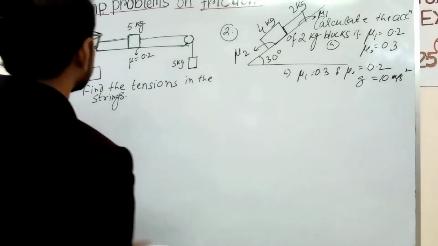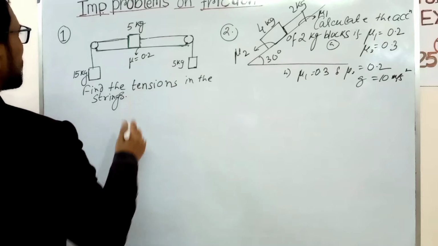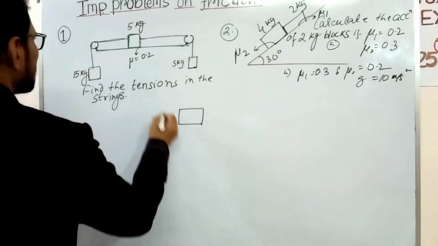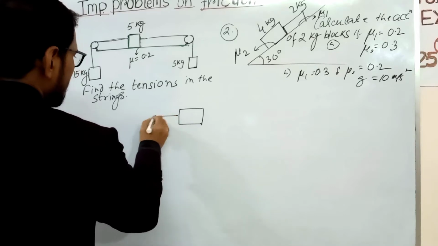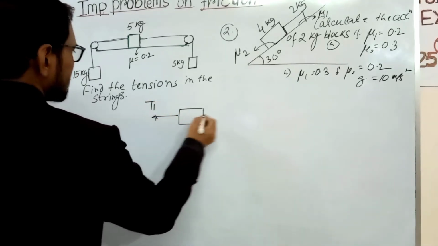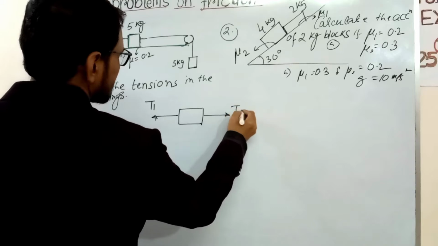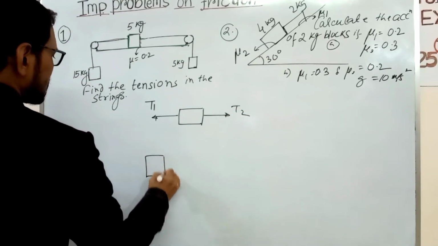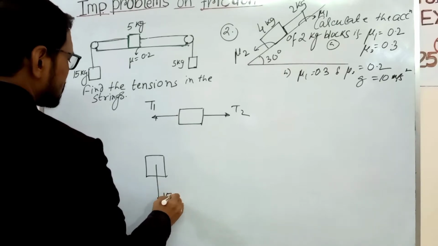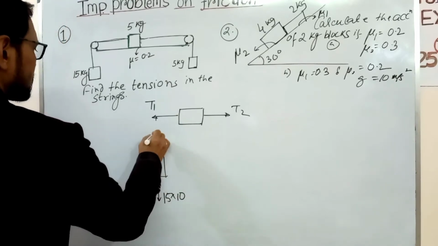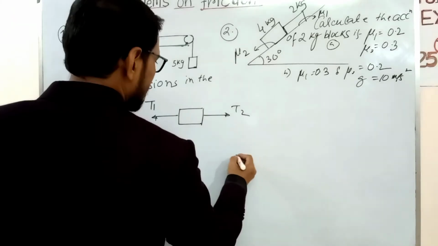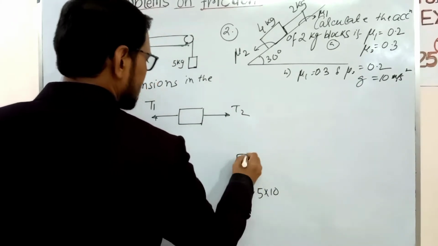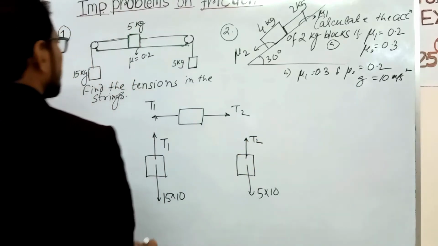You have to draw the free body diagram. In the 5 kg block, what are the forces? The force is tension T1. Suppose this tension is T2. For the 15 kg block, the force is 15 into g, 10, and T1, and for the 5 kg block, 5 into 10 and this T2.